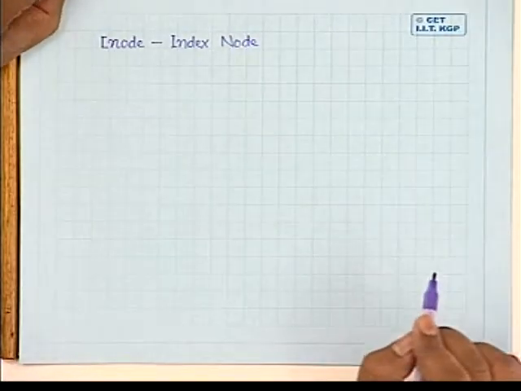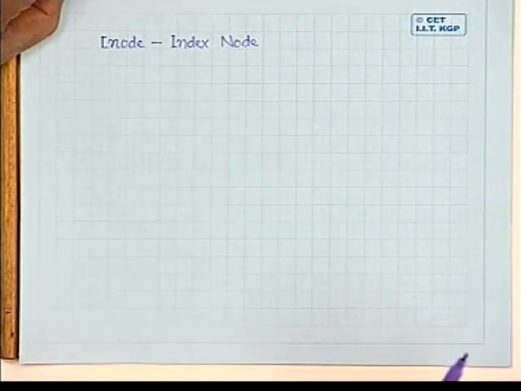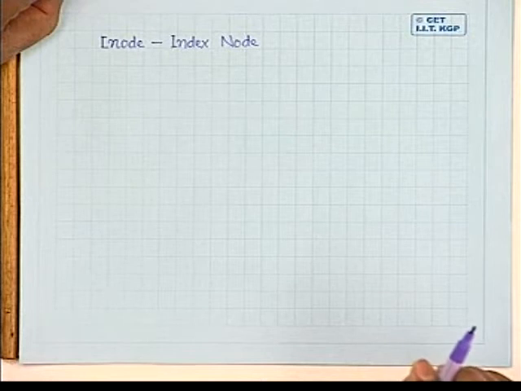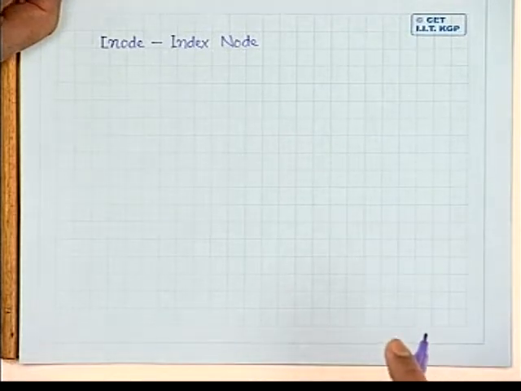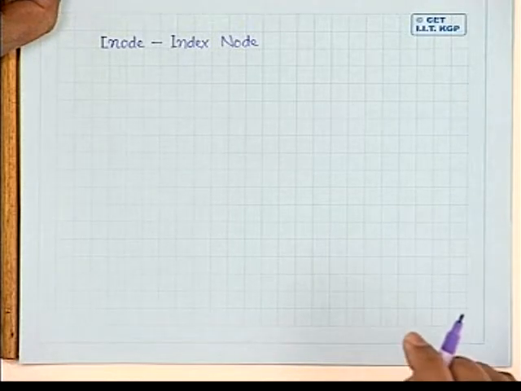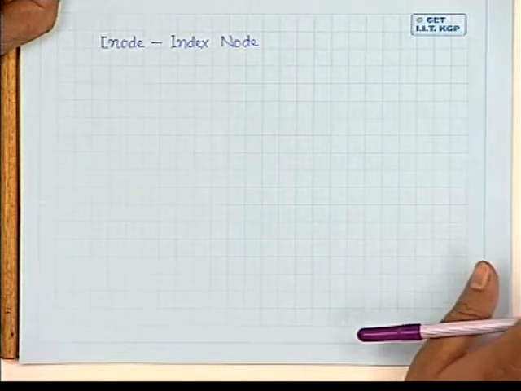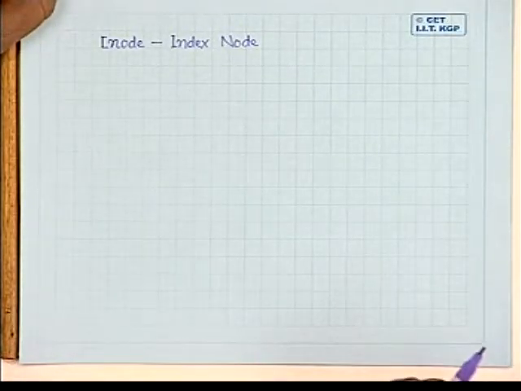This index node stores the disk layout of every file or every directory in the file system. So for every file in the file system, we have an index node. Similarly, for every directory we will also have an index node. These index nodes are data structures which are also stored on the same file system or the same disk.